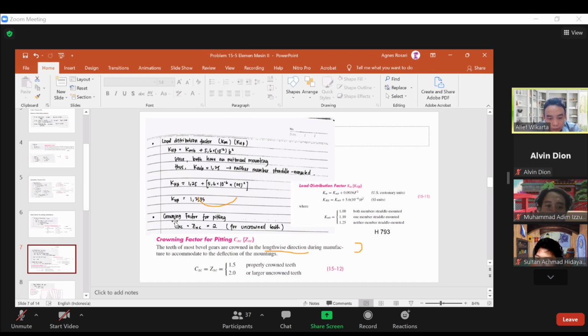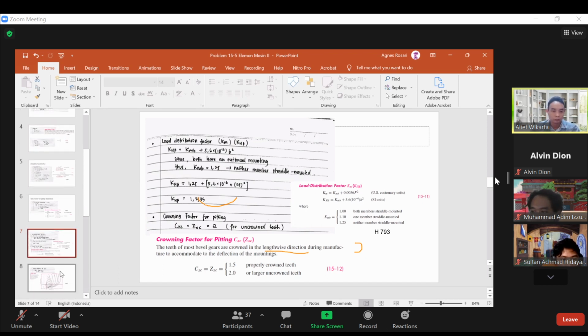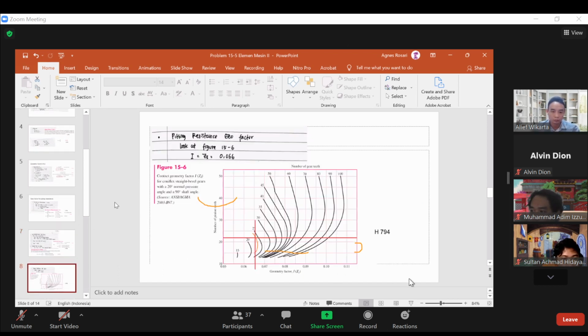And then we find the crowning factor for pitting resistance. For pitting resistance, since in this problem we have uncrowned teeth, we use the pitting crowning factor equals 2. And then we find the pitting resistance geometric factor by looking at this figure.